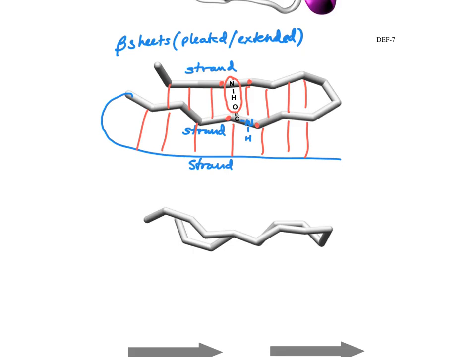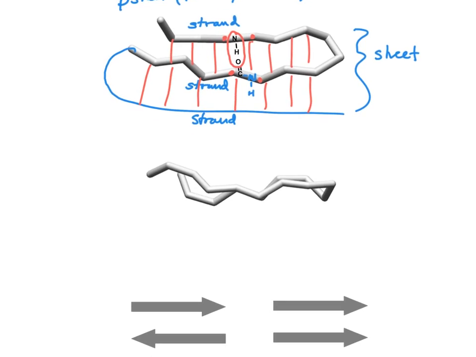Okay, so this would be three strands, and if we put them all together, we end up with this sheet. That's pretty much it. It's very similar in essence to the alpha helix, not in shape, but rather in how it's held together, again, by main chain hydrogen bonds repeating over and over again.